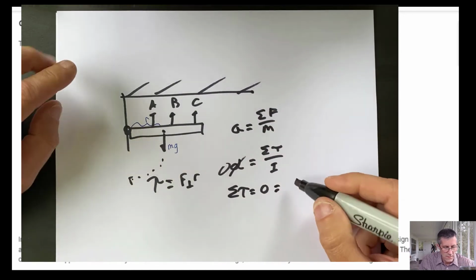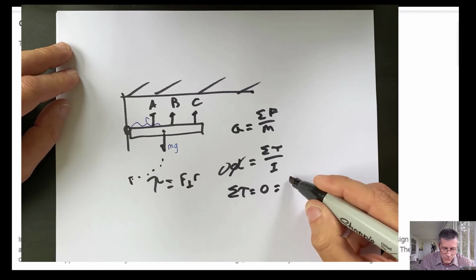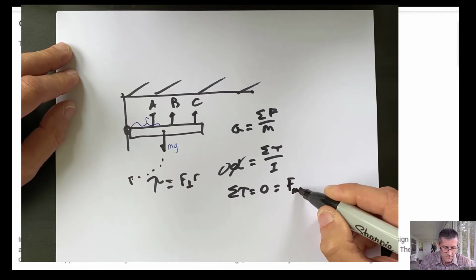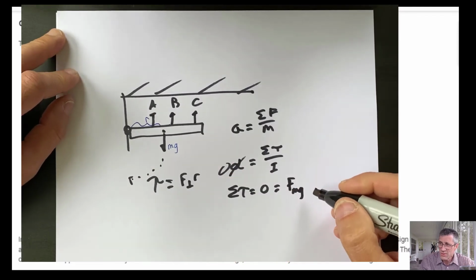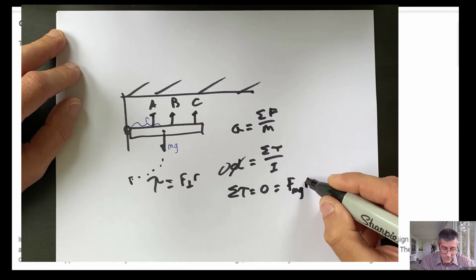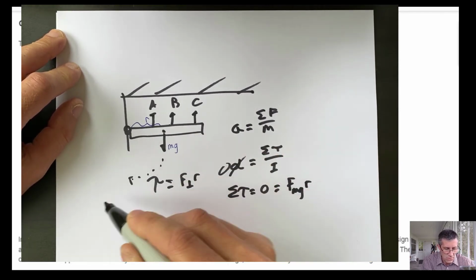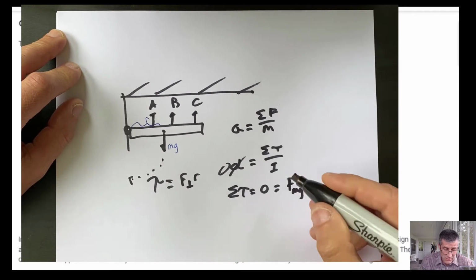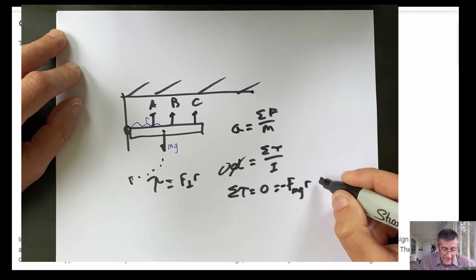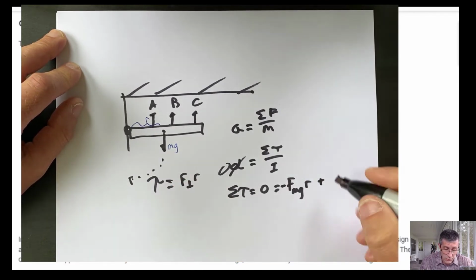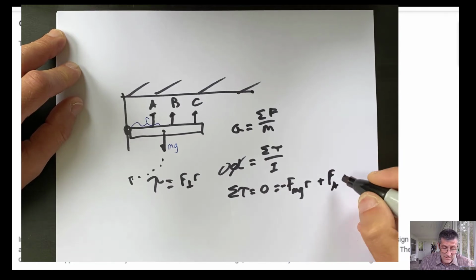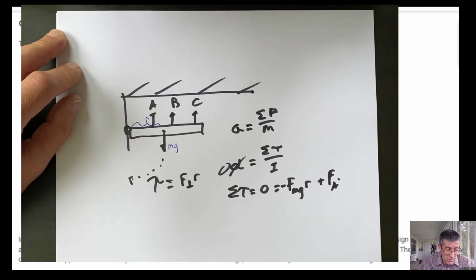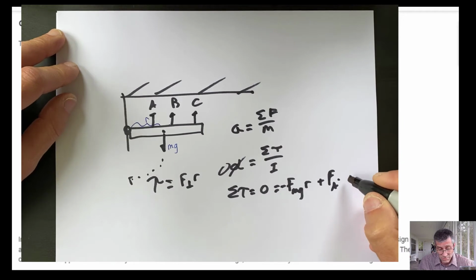So the force of my mg times my lever arm, which I was calling R here, is going in a clockwise direction. So I'll make this negative, and I'm going to add together some of the other force, and call this force of A times whatever lever arm it has, which is going to be something smaller.